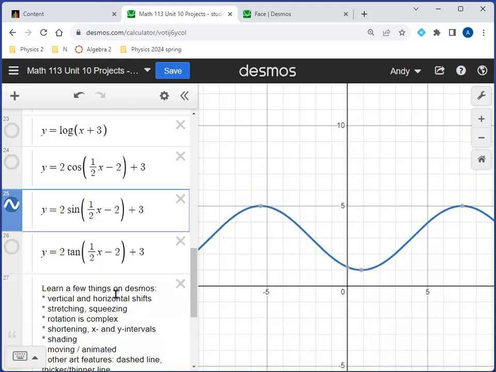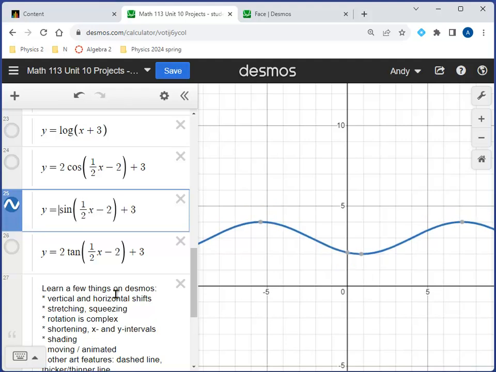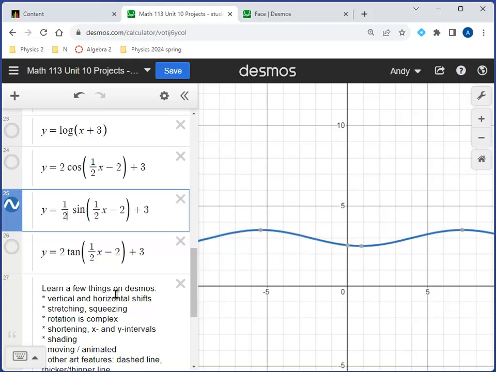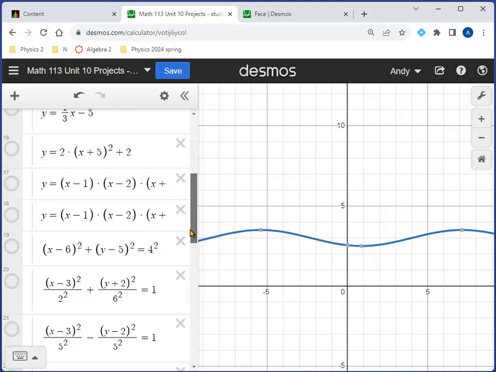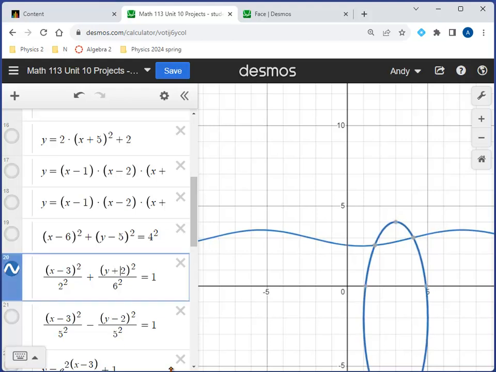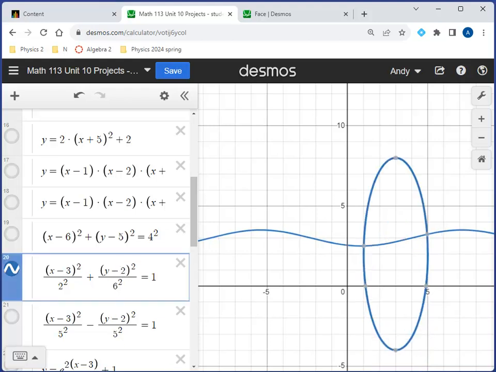So here would be a stretching of this one. So if I put, instead of a 2, I put a 4 there. There we go. Or I squeeze it down. There we go, right? So let's see if there are others. For the ellipse, for example, if I turn this one here on, and I'm going to shift it, let's see, I want to shift it up so we can see it a little bit better.